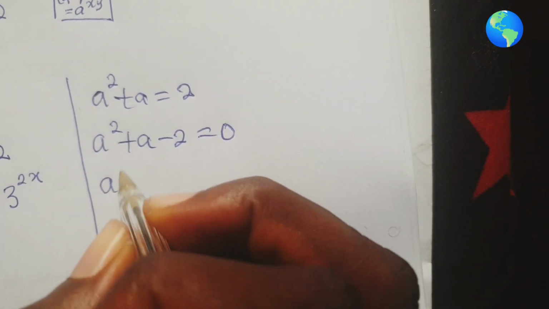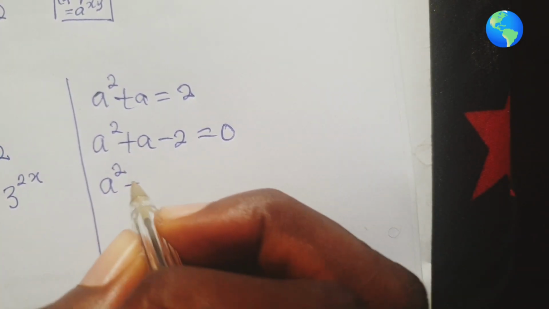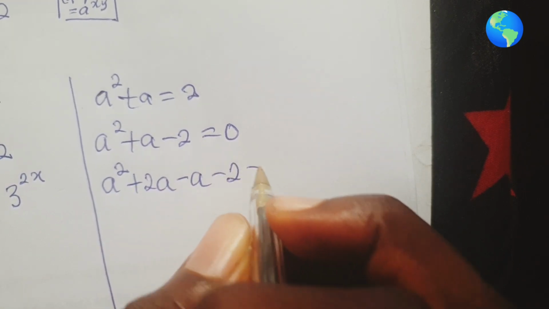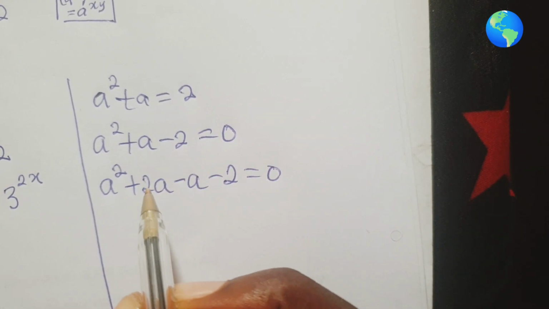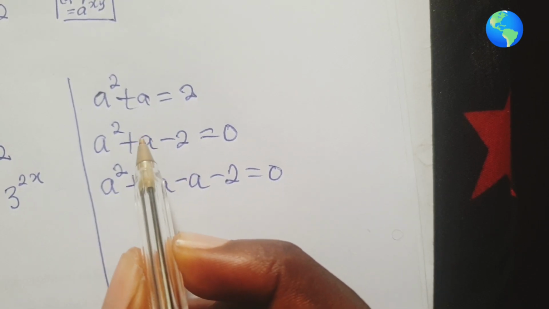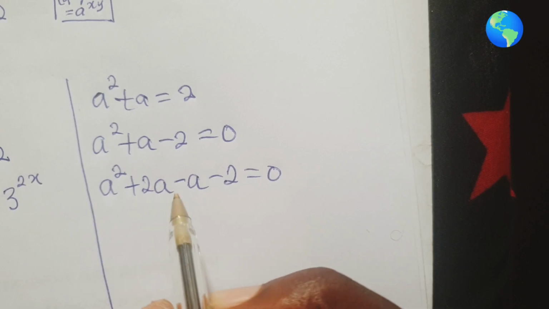So we're having a squared. For this, I can write it as plus 2a minus a minus 2 equals 0. The reason is 2a minus a gives me a, the number in the center, factorized in this form.